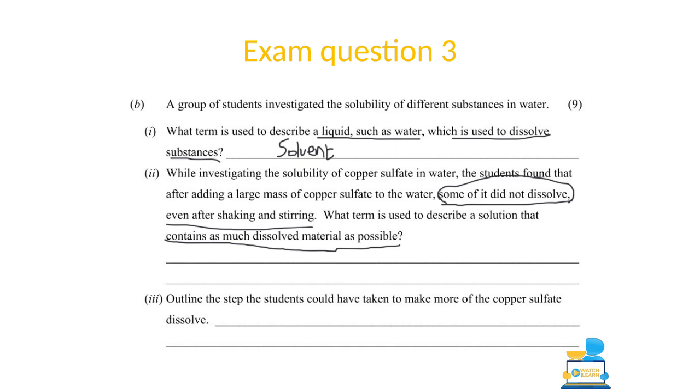And we used the example of a sponge where we dipped it into the water and some of the water would drip out of the sponge because it had reached a certain point. So what type of solution are we describing where it contains as much dissolved solute as possible? And hopefully your answer to that is a saturated solution.